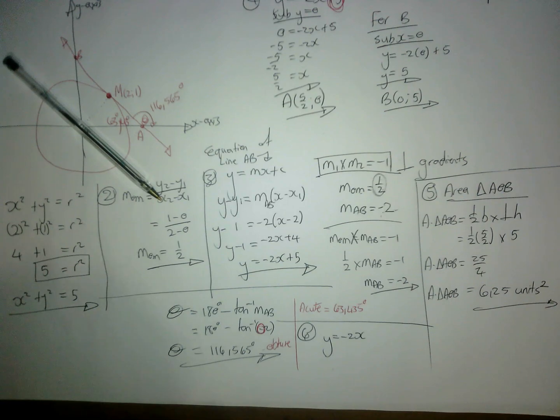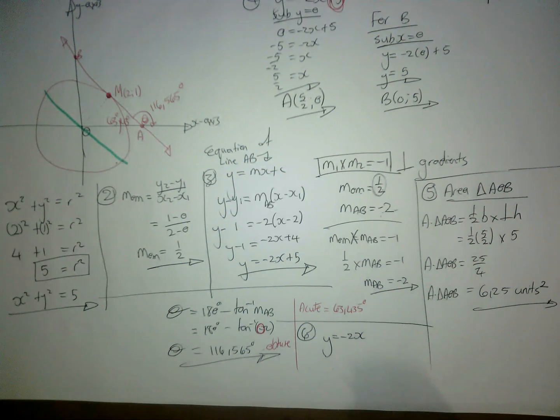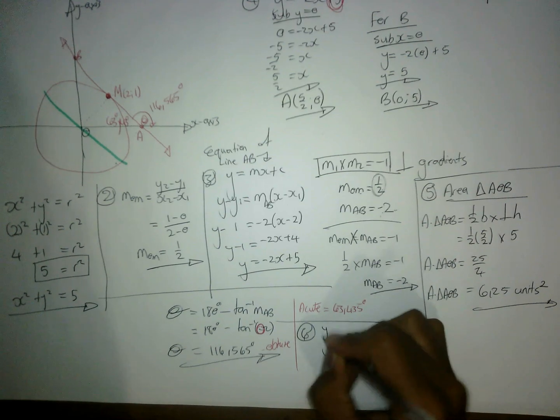And we never write the 0. So the only thing we can write is the gradient and x. So y equals minus 2x. It's basically y equals mx.